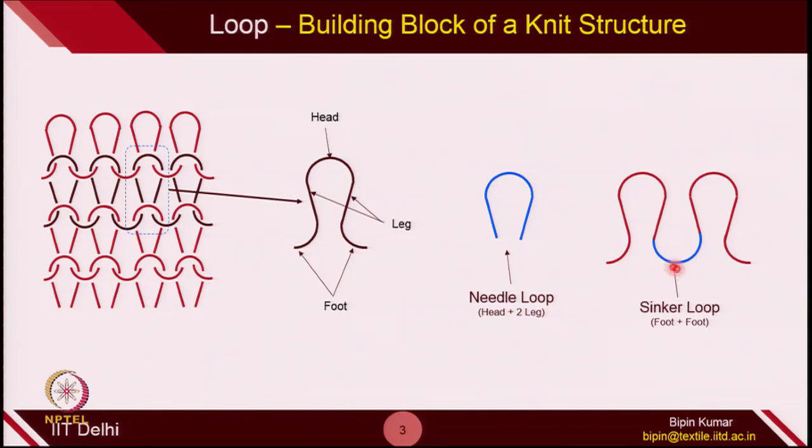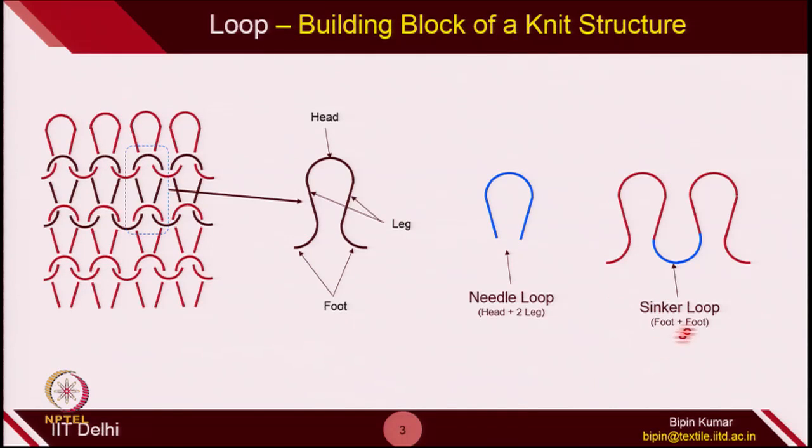If you see, the sinker loop is nothing but the connection of the feet of 2 consecutive loops along a row. If you connect 2 loops in the same horizontal line, they have to be connected by 2 feet, and those 2 feet are collectively known as the sinker loop.